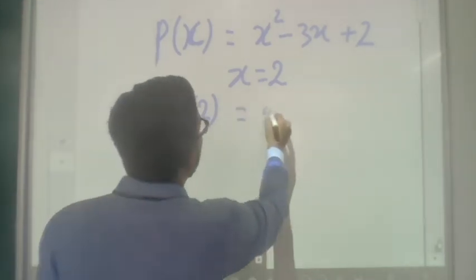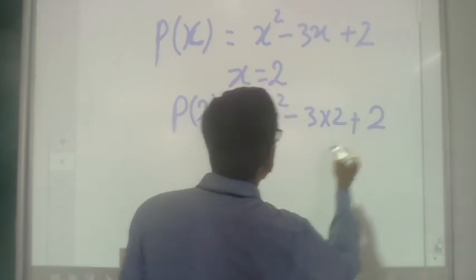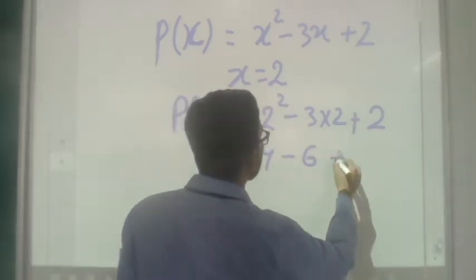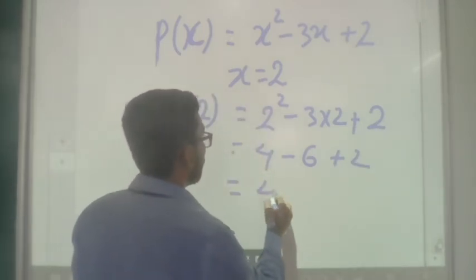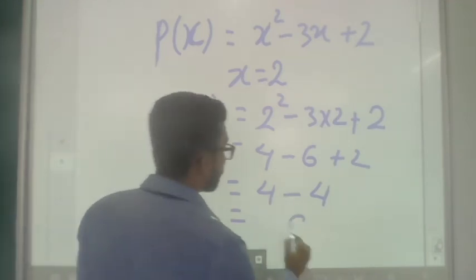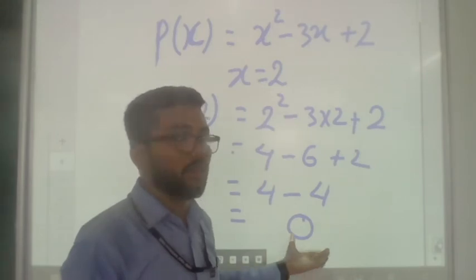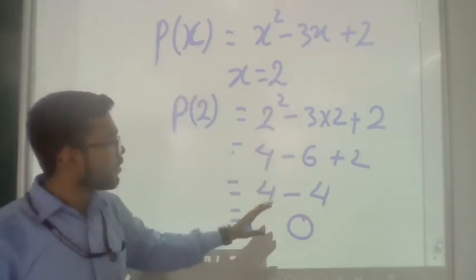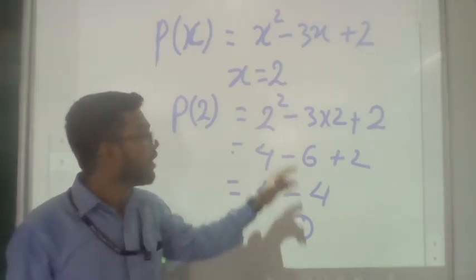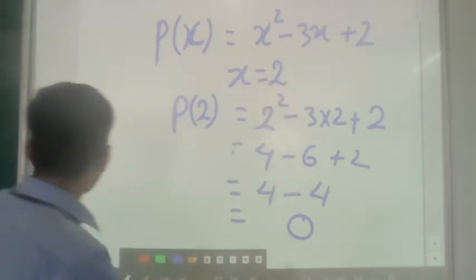P(2) is equal to 2 squared minus 3 into 2 plus 2. 2 squared becomes 4, minus 3 into 2 is 6, plus 2. 4 minus 6 plus 2 is 0. Here we again get the value of this polynomial as 0 for x is equal to 2. So for whichever value of x we get 0, that value will be a zero of this polynomial.